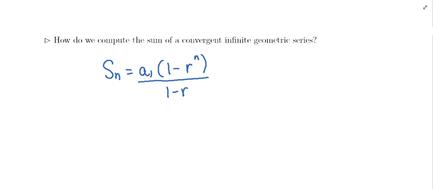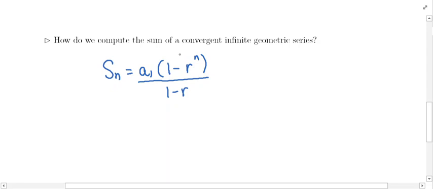Remember, every finite geometric series will converge, and this is how you can figure out the number that it converges to. So we can use this particular formula to figure out what an infinite geometric series is going to converge to.